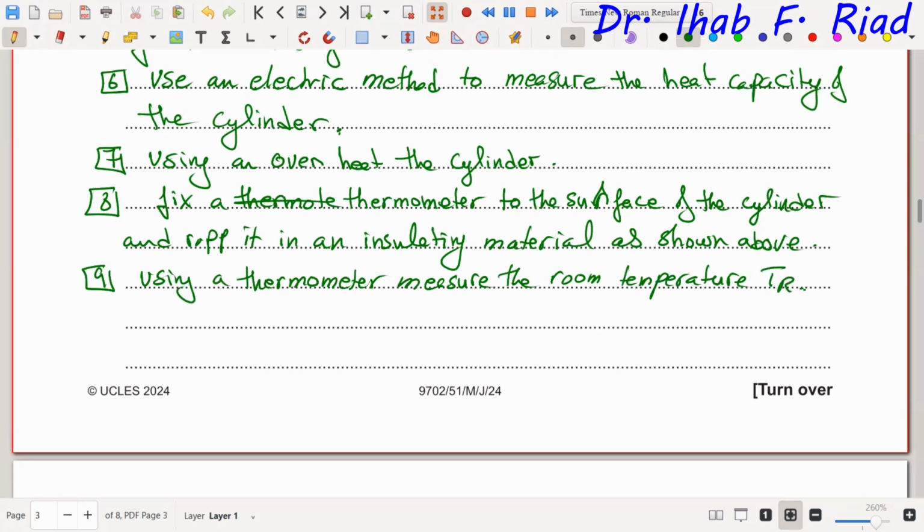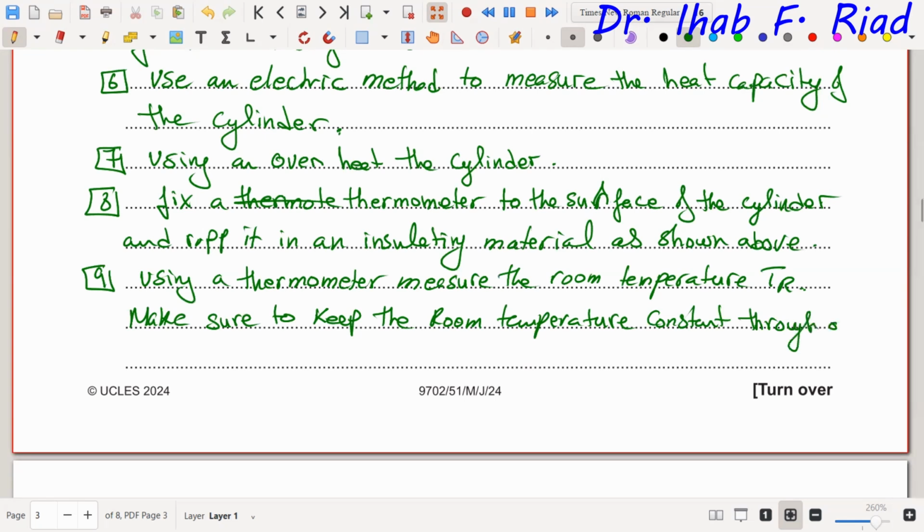Make sure to keep the room temperature constant throughout the whole experiment, right? Are you following him? Yes, I am. Okay, good.